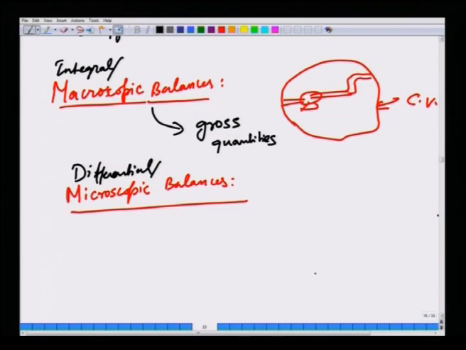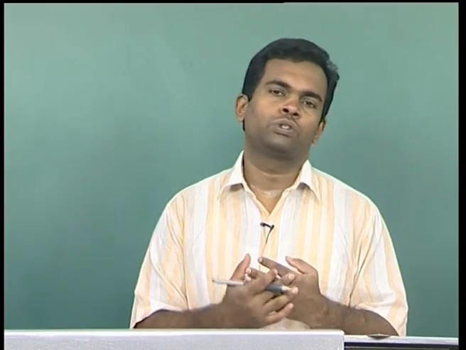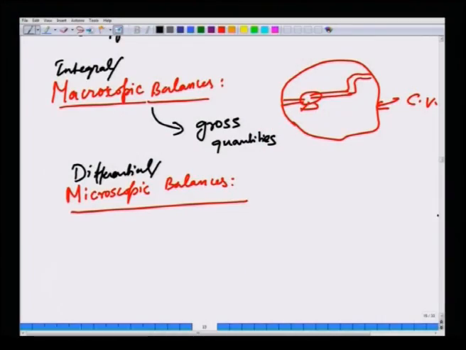So, we will first apply the principles of mass conservation, momentum balance and energy balance to macroscopic CVs, and then we will proceed to microscopic balances. Both these approaches have their own advantages and their own difficulties, so we will try to indicate them as we go along.